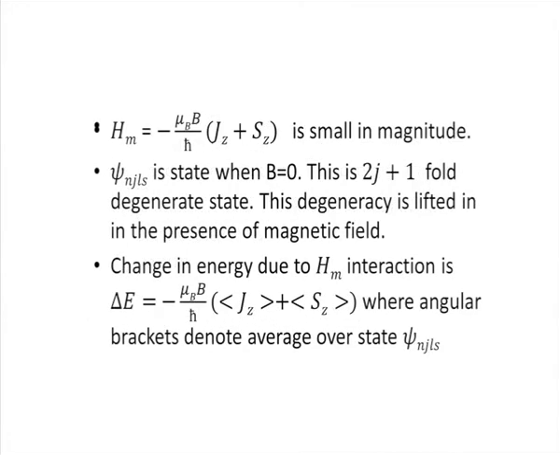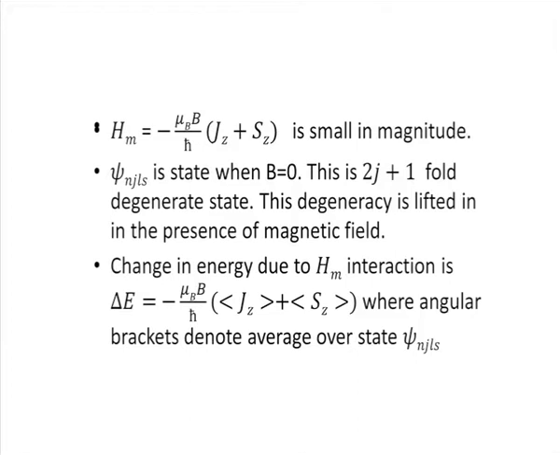and H_M we have already shown, that is minus mu_B B by h bar (J_z plus S_z), and it is small in magnitude. Now, psi_n j L s is a state when B is equal to 0, it is 2j plus 1 fold degenerate, and this degeneracy is lifted in the presence of a magnetic field.